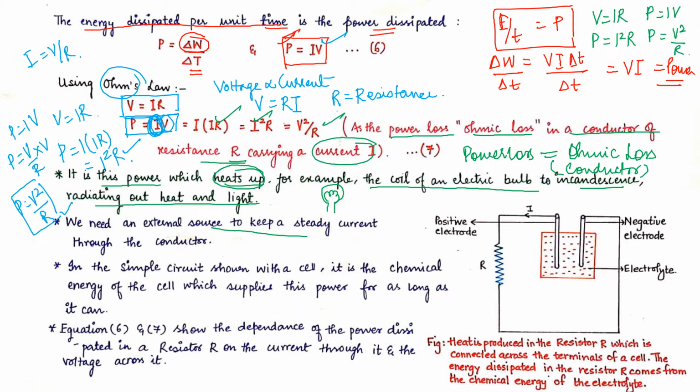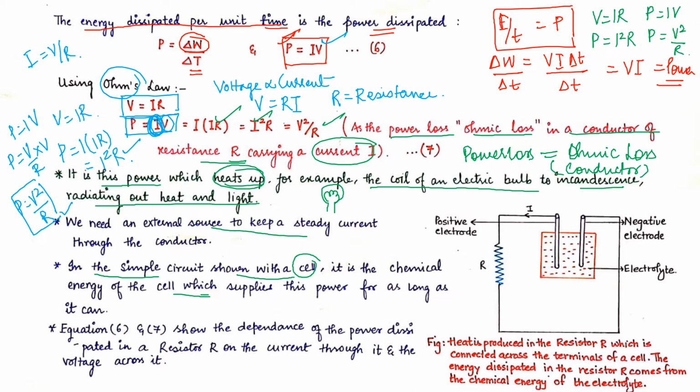So we have made one circuit in which, as we can see, there is a steady current flow through the conductor. In this simple circuit shown with a cell, it is the chemical energy of the cell which supplies this power for as long as it can. So see this diagram over here.